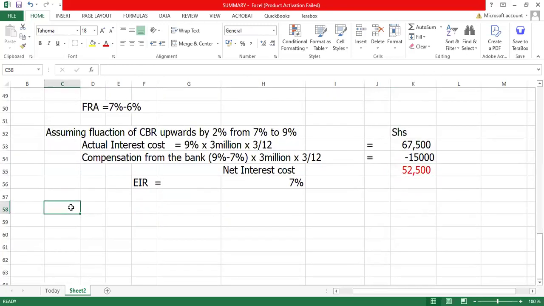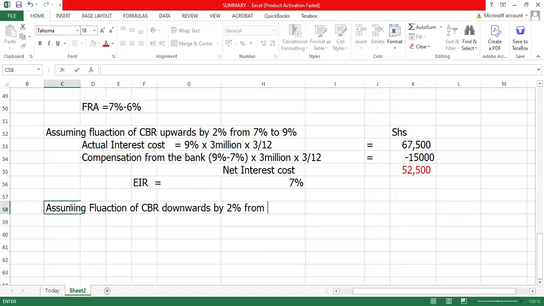Okay, so we do the same, assuming there is a decrease now, a fluctuation of CBR downwards by 2%. From the current rate, which is 7%, to now it will be what?